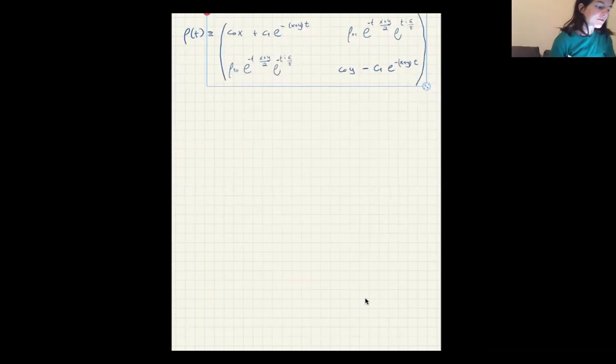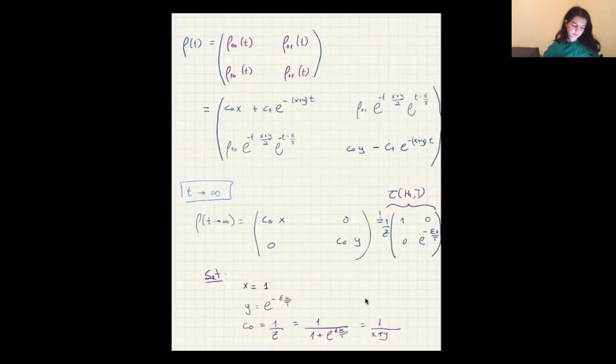Good. Now we can already start replacing things here. So C0x, this was just 1 over Z. And this was e^(-epsilon_k over T) for Z. Oh, did I forget a minus?